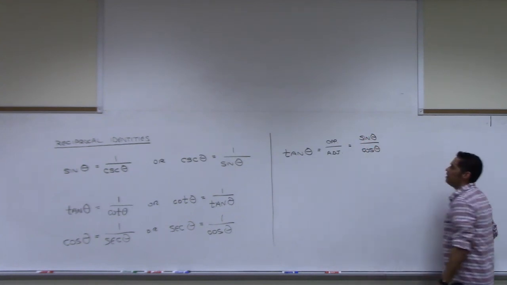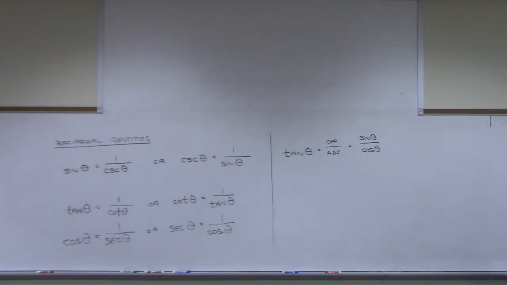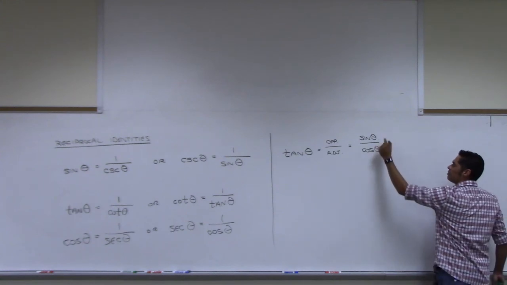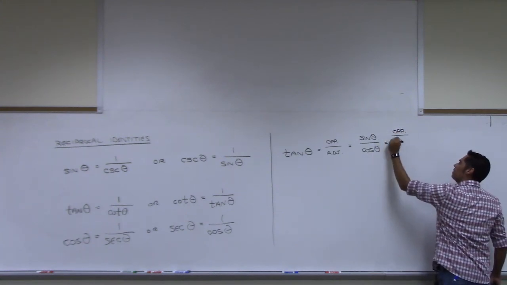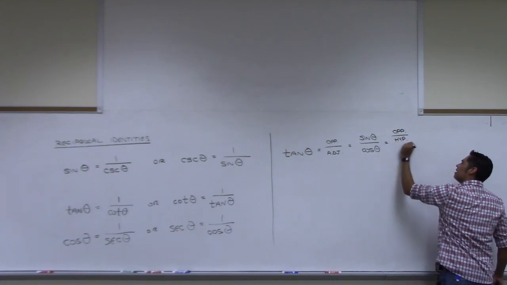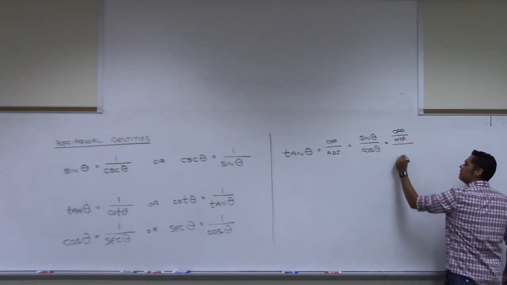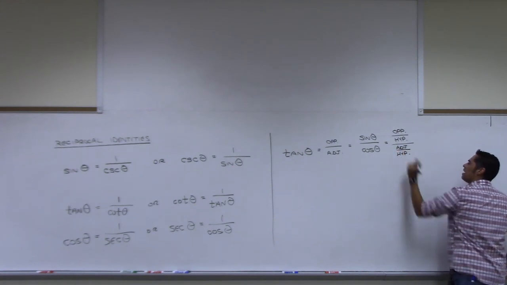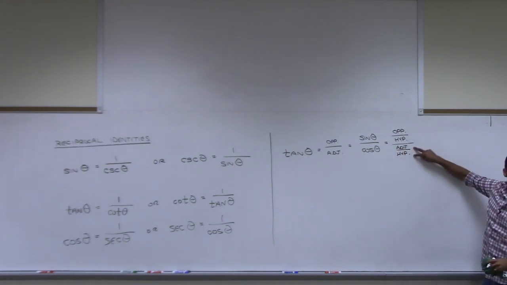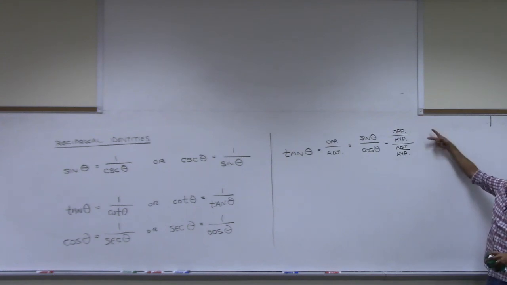Now let's try and understand why that is true. What is the definition of sine theta in terms of SOHCAHTOA? It's opposite over hypotenuse, right? And what is cosine of theta? Adjacent over hypotenuse. And if you take a fraction and divide it by another fraction, then they multiply and reciprocate. Won't the hypotenuse cancel? Yeah.